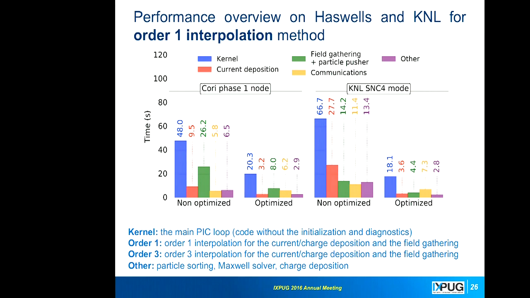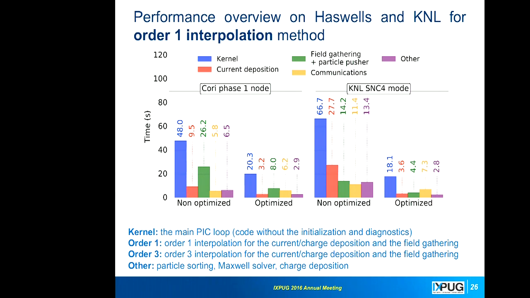So let's go now to the last part, the overall performance. So again, we have the same structure of figure, except that here I'm plotting the time and not the speedup. We can divide it into two parts, Cori and KNL. But here, the two parts concern the non-optimized code and the optimized one.